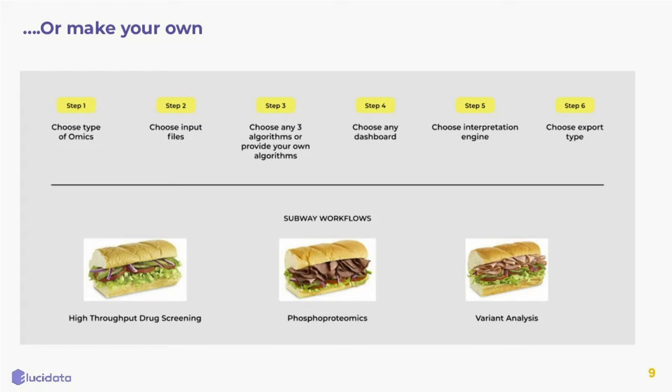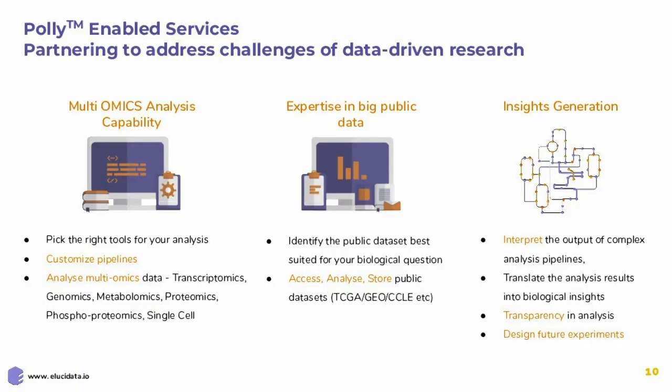As I mentioned earlier, we also offer Poly as a service where you can hire scientists at Elucidata to partner with you to address your research problems. And we have had pretty good traction around that as well, mostly driven by the fact that we have, as a team, very broad capability in handling different kinds of omics data sets.